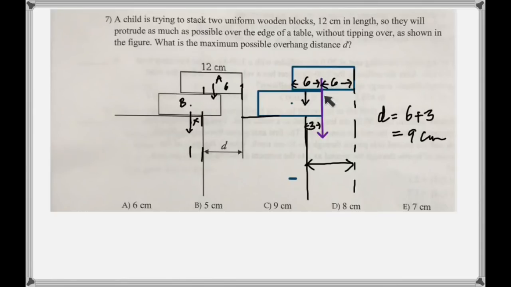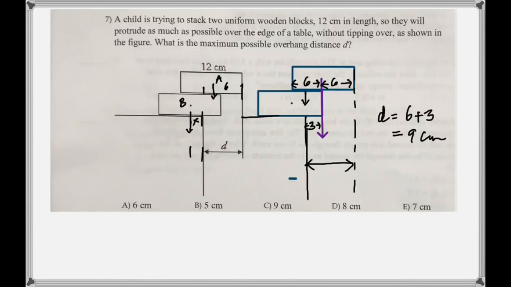The center of mass of the top brick should be right at this point, which is its center, and then the combined center of mass of both of the bricks should be here, so that the vertical line through that is just inside the edge of the table. So if you look at the symmetry of the diagram, you understand that this has got to be 3 centimeters, and this is 6. Therefore, 3 plus 6 is 9 centimeters is the answer.